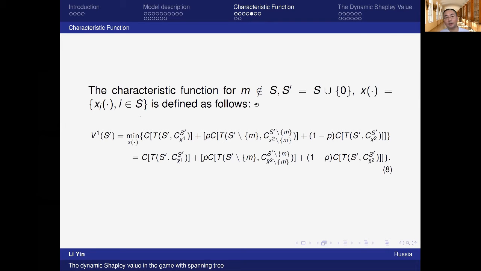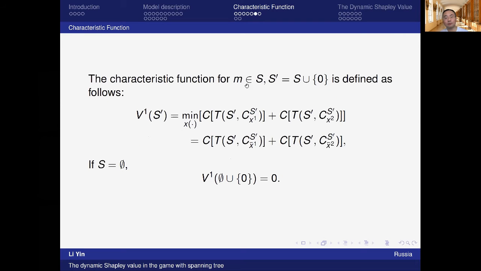In this slide, the formula is for M in coalition S. So the formula of characteristic function for coalition S is similar to the characteristic function for grand coalition.